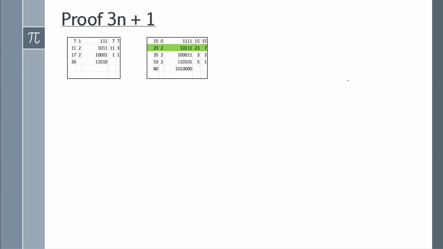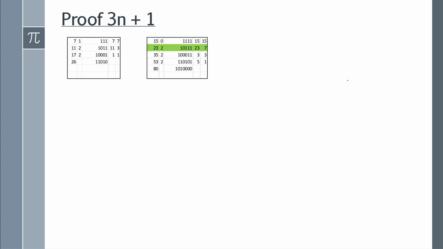Right, and here we're going to look at all of those numbers that we just did. So 15 goes to 23, which is 15 to 7 to 3 to 1. Well, 7 changed to 23 when we went up, and 1 changed to 5. But 3 and 15 stayed the same.